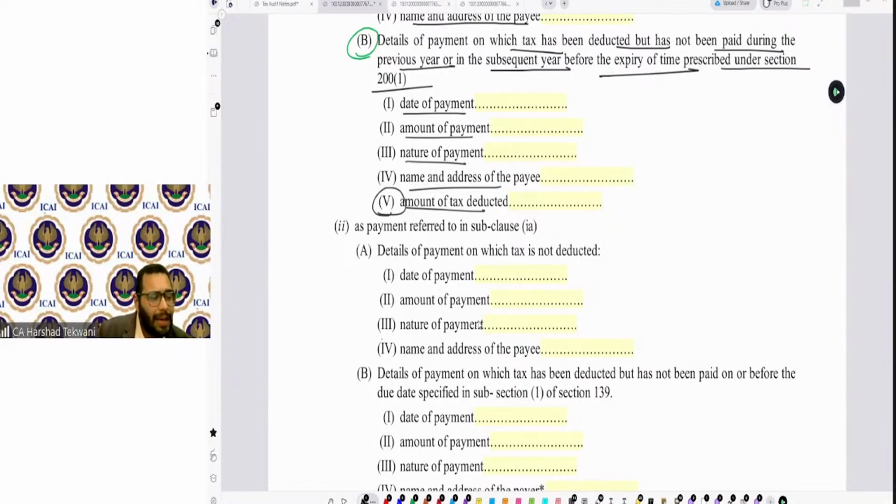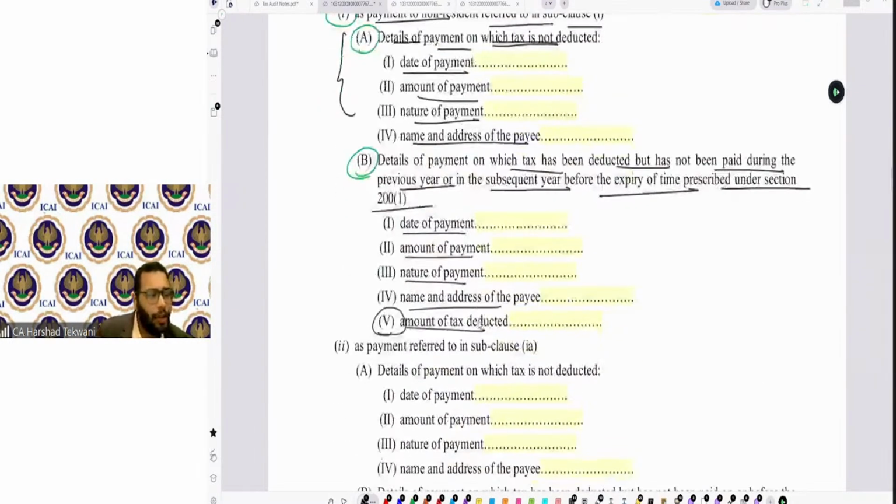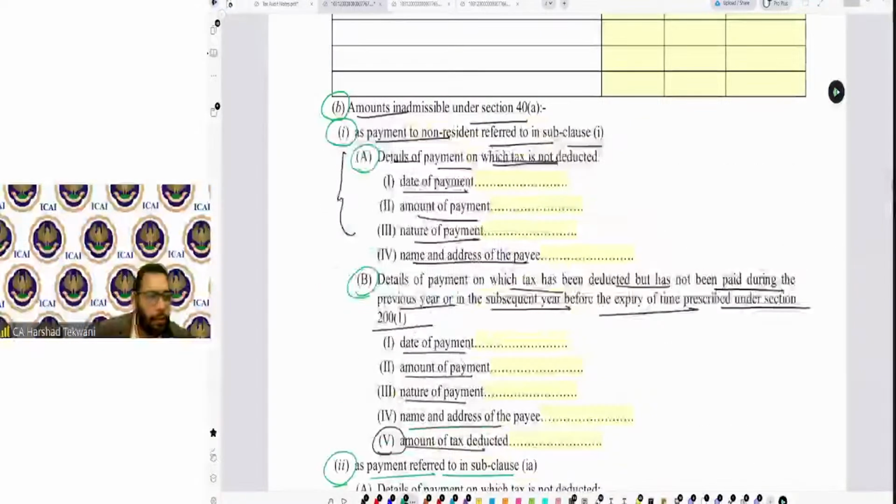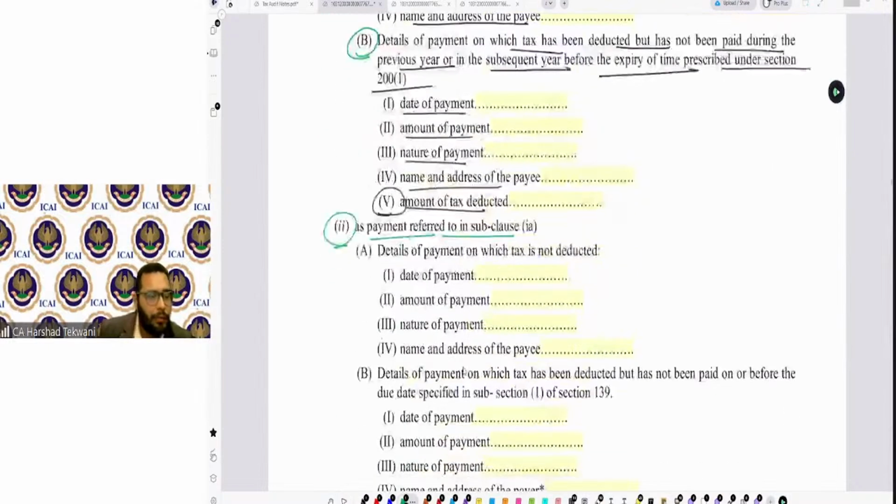Now, second is our clause B2, which talks about payment referred to in subclause (ia), meaning (ia) of Section 40A, in accordance with details of payment on which tax is not deducted. Can anyone tell me what is Section 40A(ia)?